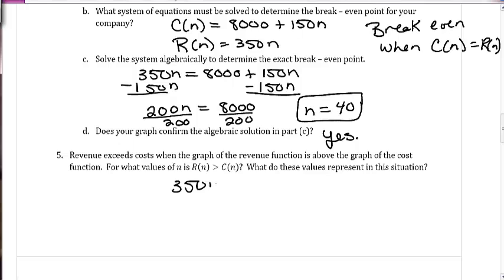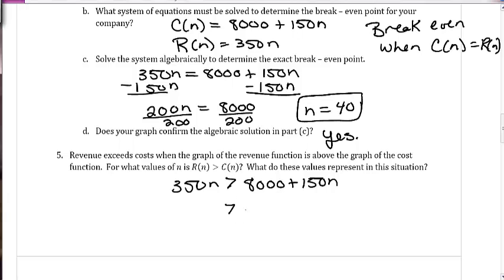To do this algebraically, we would take the revenue function, which is 350n, use the greater than symbol, and then put the cost function in there, 8,000 + 150n, and then solve this. The only thing that you have to be careful of is if you multiply or divide both sides of an inequality by a negative number, you have to remember to reverse the direction of the inequality. We're not going to multiply or divide by a negative number though, so we don't need to worry about it.